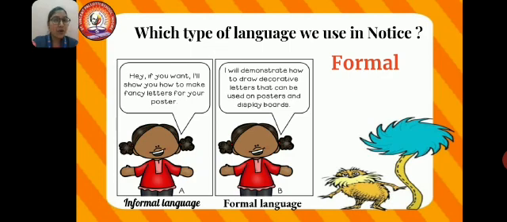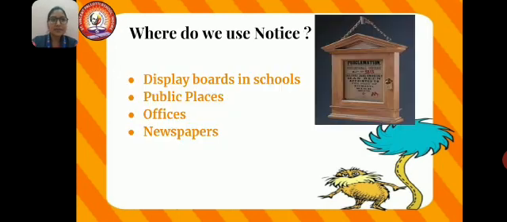This is an informal language example. The same thing we can say in formal language also, like "I will demonstrate how to draw decorative letters that can be used on posters and display boards." Just the difference of tone is there. Informal language is more familiar and formal language is a little more systematic.